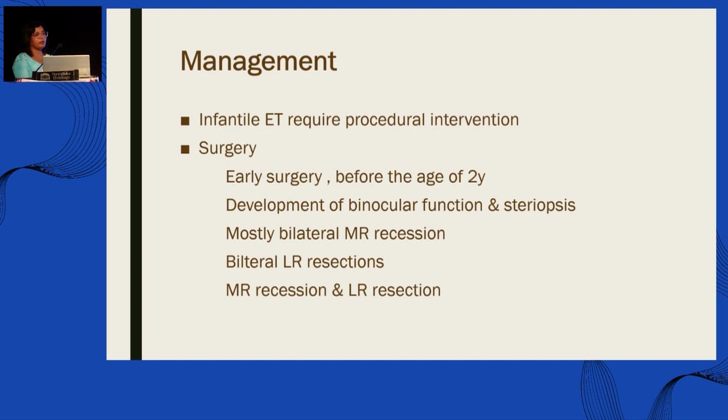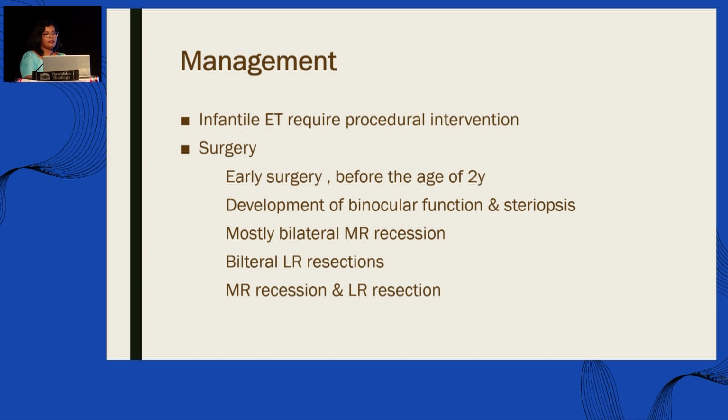As for management, there are two major interventions we do: surgery and botulinum injection to the medial recti muscles. In surgery, early surgery is usually recommended, at least before the age of 2 years, thinking that there is a benefit for development of binocular function and stereopsis.